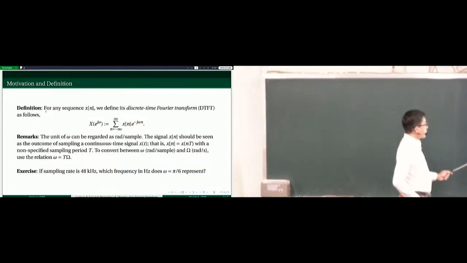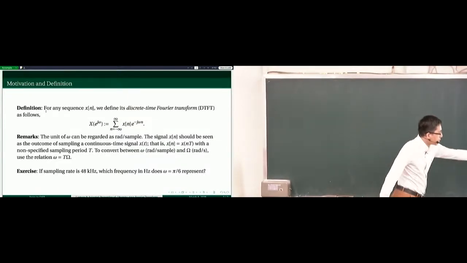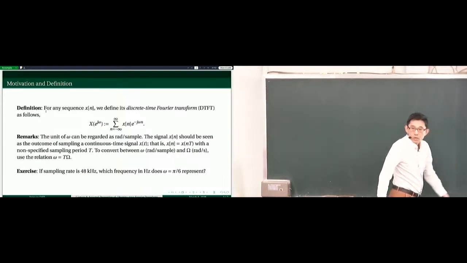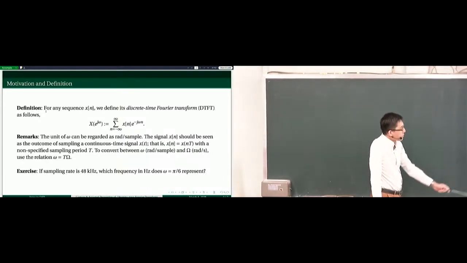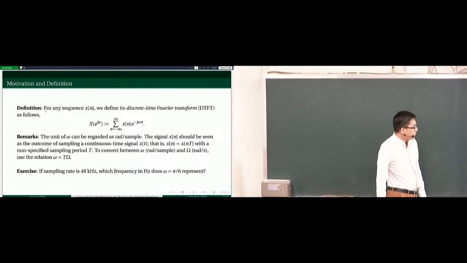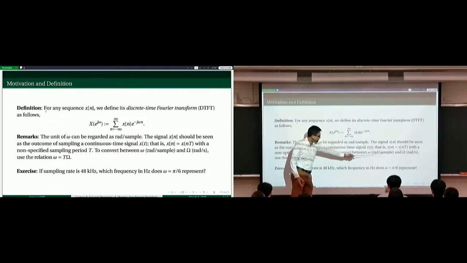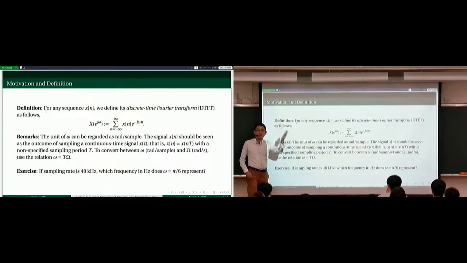Last time I spent a few moments to share with you that there is a conversion between small omega and big omega. You need to know that small omega doesn't have a unit, or if you really want, the unit of small omega is radian per sample, which means how much phase change is introduced by going forward in time from n to n plus 1.